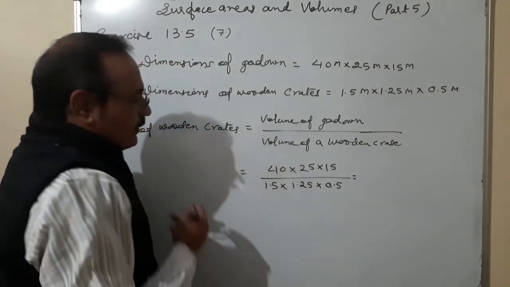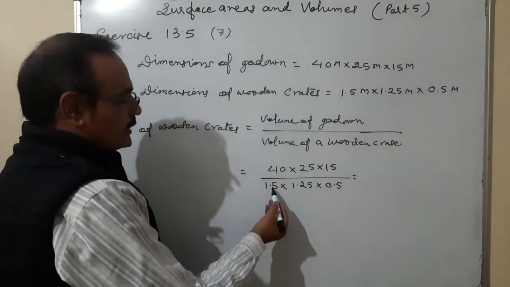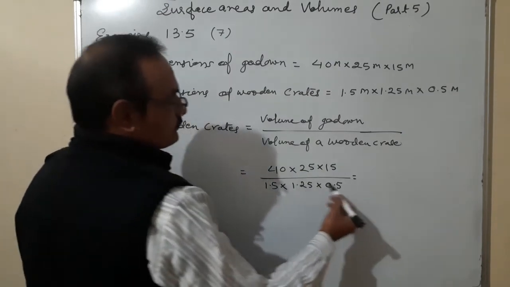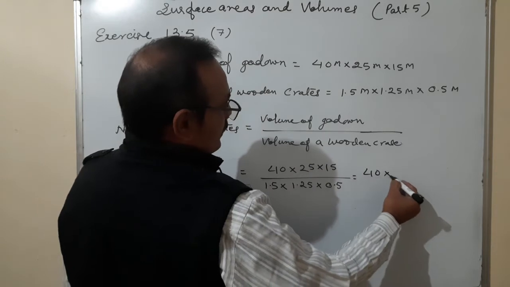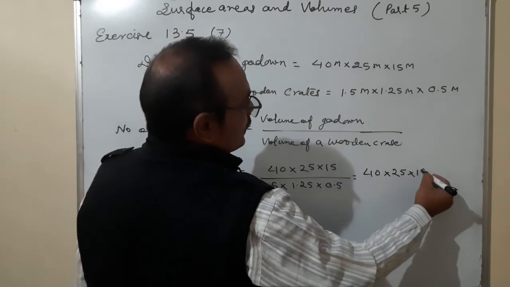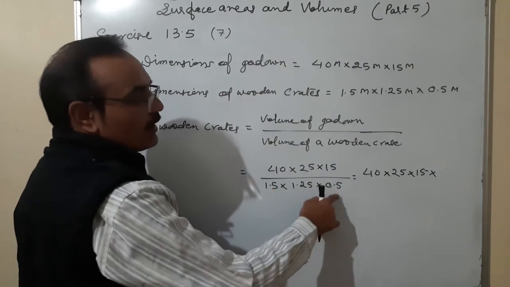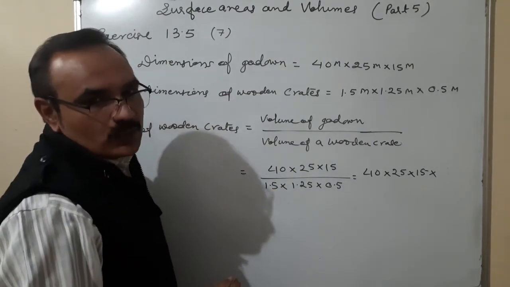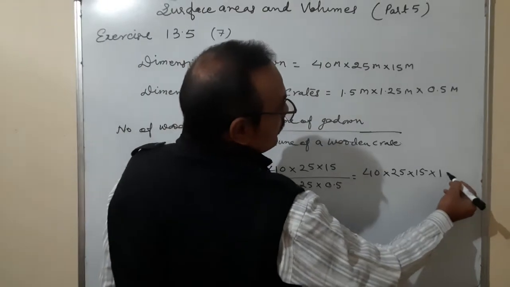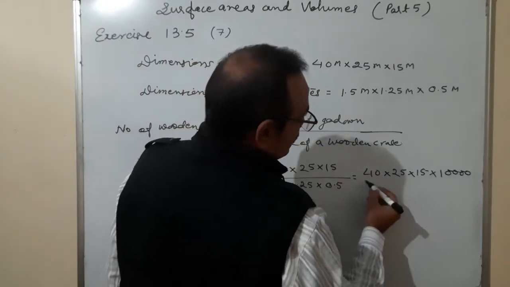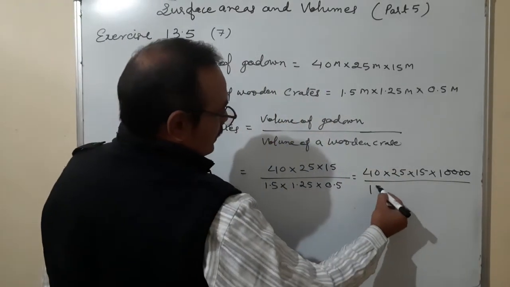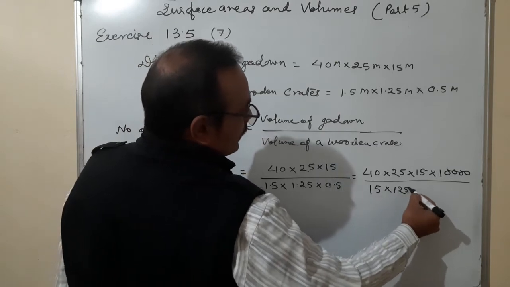First of all, we want to remove all the decimals from the denominator. 40 into 25 into 15 multiplied by, after decimal 1 number, after decimal 2 numbers, after decimal 1 number. 1 plus 2 plus 1, 4. Upon 15 into 125 into 5.